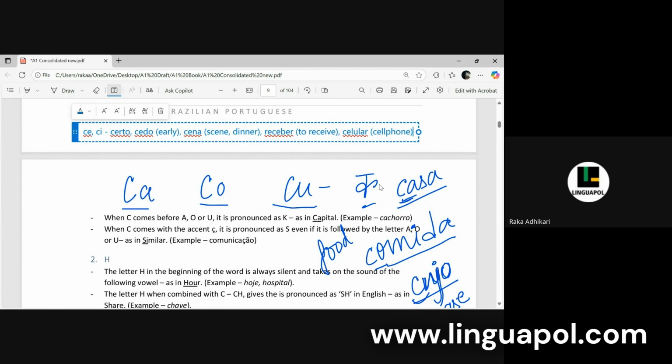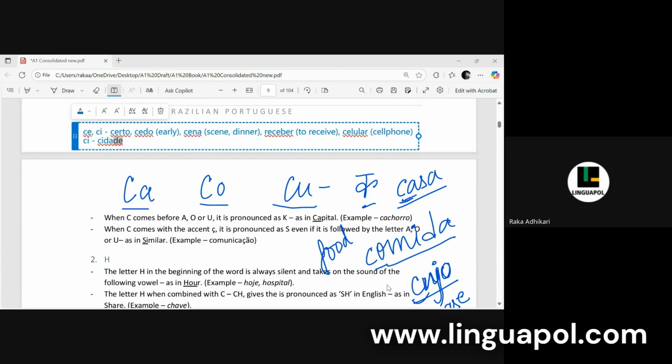Then let's look at some words with CI, like cidade. In European Portuguese, we will say cidade, whereas in Brazilian, we'll say cidade. The DE at the end gives a very different sound in Brazilian and in European. So I'll repeat that.